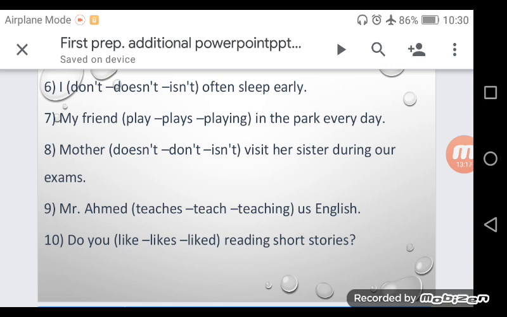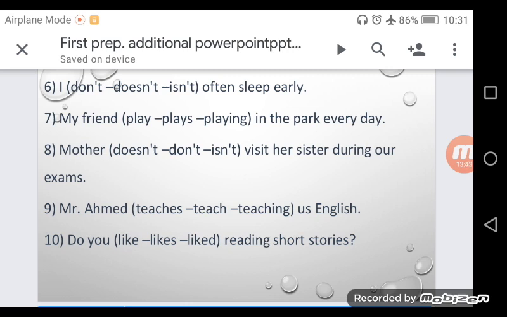Number 8, mother doesn't, don't, isn't visit her sister during our exams. The correct answer is doesn't. Mother doesn't visit her sister during our exams. Number 9, Mr. Ahmed teaching us English.